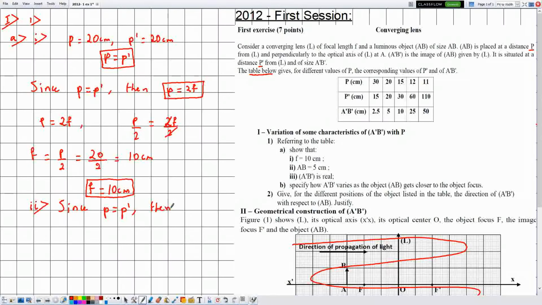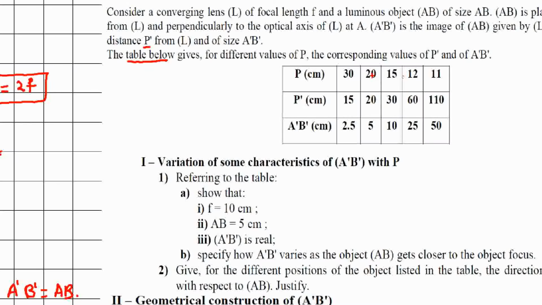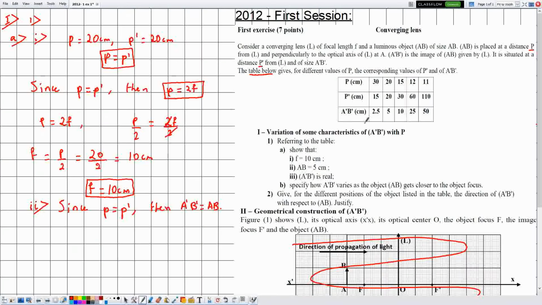Then A prime B prime is equal to AB. They are telling me to show that the size of the object is equal to 5 centimeter. So here in the same column where P is equal to 20 centimeter and P prime is equal to 20 centimeter, we have the size of the image A prime B prime equal to 5 centimeter.